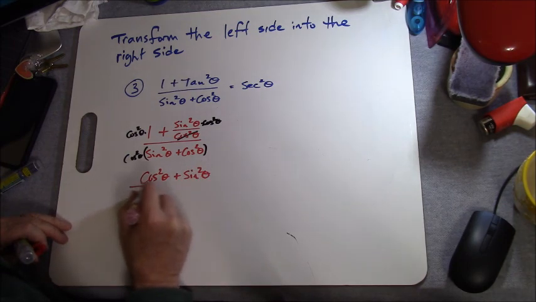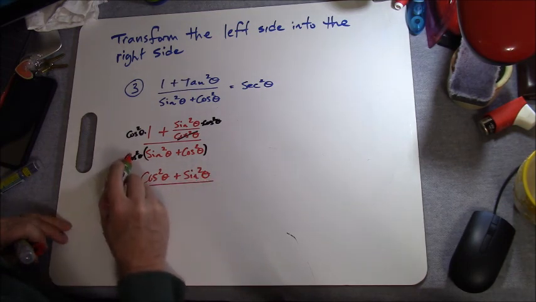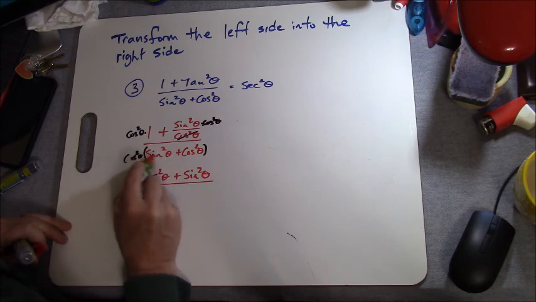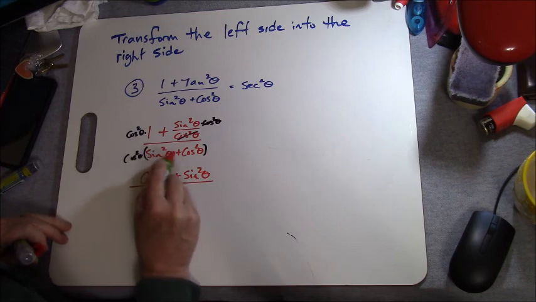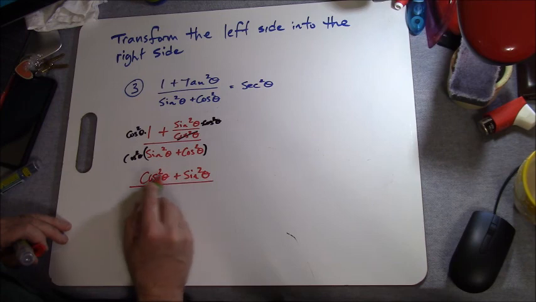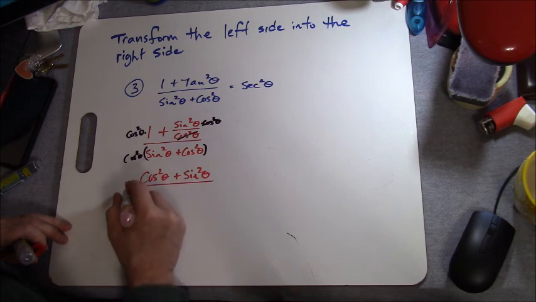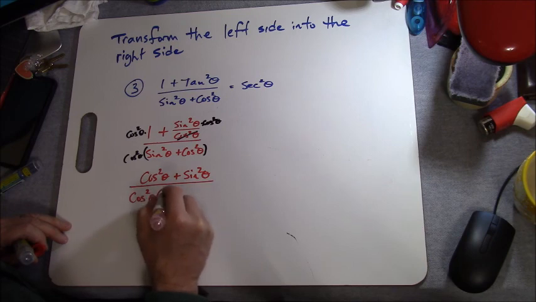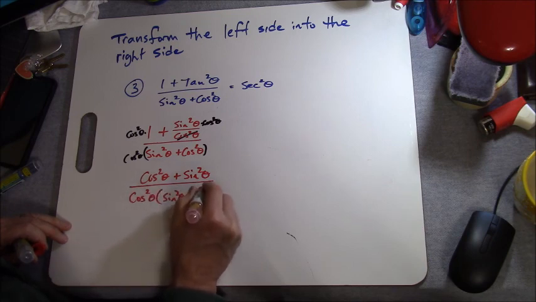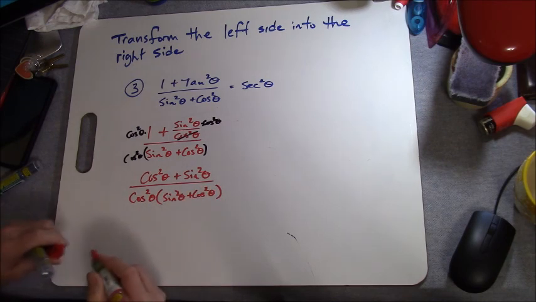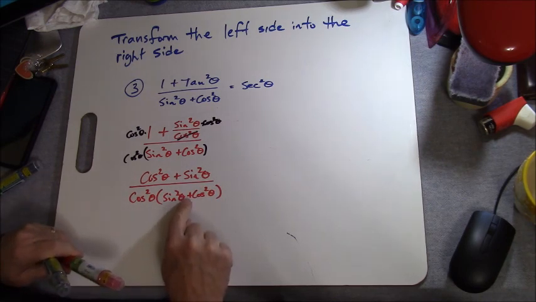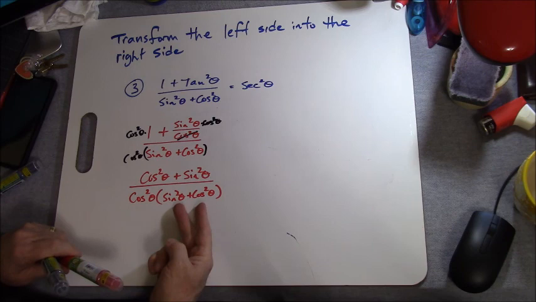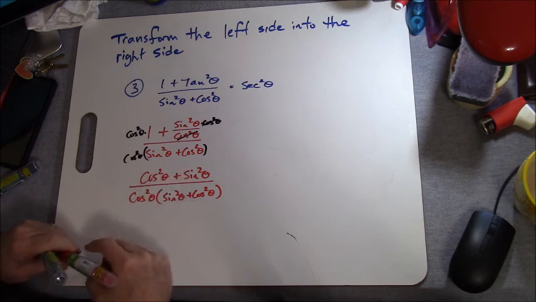And I'm realizing right now that instead of distributing this to each, I really should stop right here because what's written inside the parentheses is the same thing that's written right here. So if I go cosine squared theta times sine squared theta plus cosine squared theta. Now we all know that when you add two things you can switch them around and it's still the same thing. So this is equal to this up here.